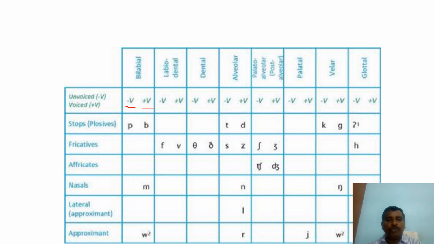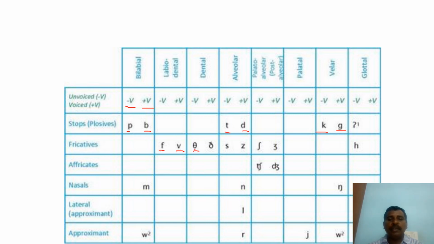Now let me pronounce it. It can be pronounced as p, b, or ip, ib. This one, p, voiceless, b, voiced. You will feel the vibration in the vocal cords. T, voiceless, d, voiced. K, voiceless, g, voiced. Then f, voiceless, v, voiced.